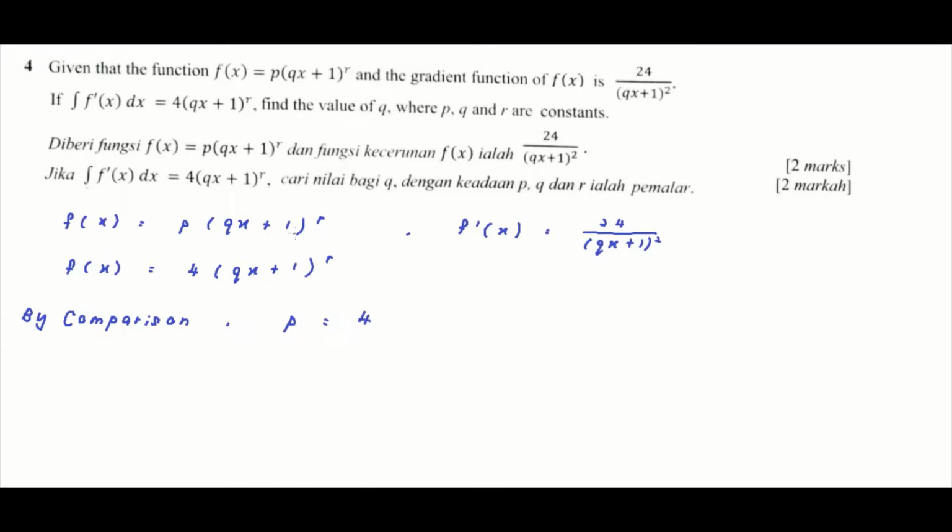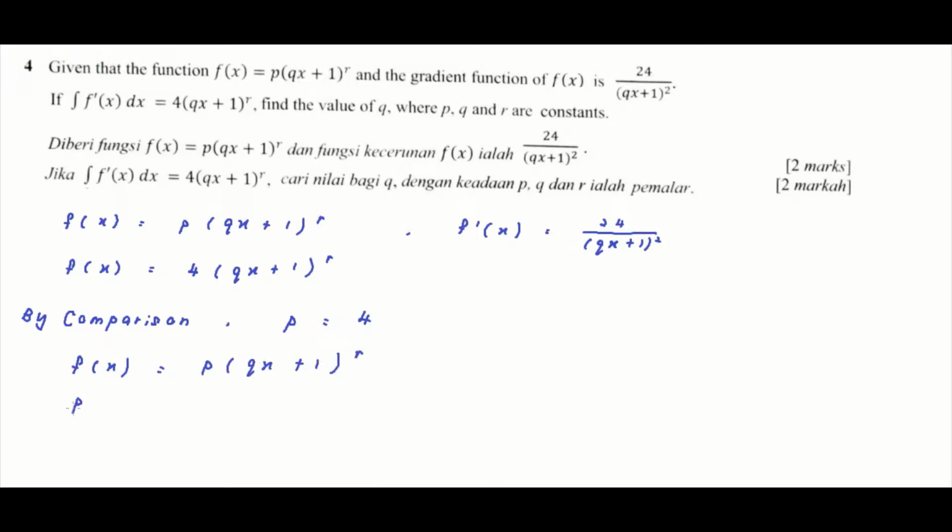Okay, since we know that this is the derivative form after you differentiate f of x, what we can try to do is find f prime x by using the original function, then compare. So I have f of x equal to p(qx + 1) to the power of r.